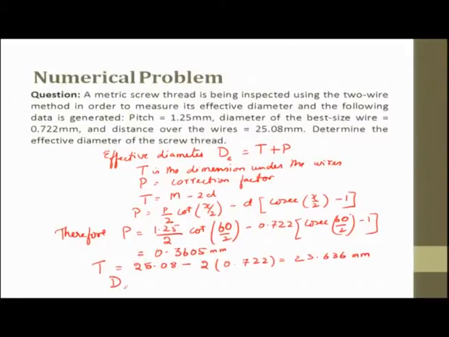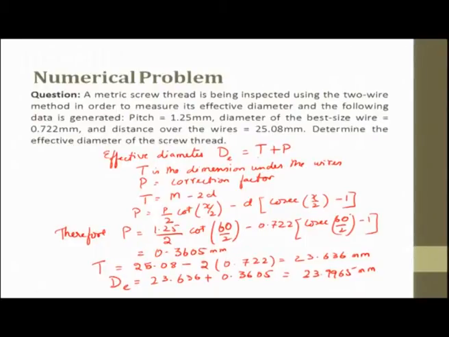Finally, dE is nothing but T, 23.636, plus 0.3605, which is 23.9965 millimeter. In this, we know the effective diameter is the dimension under the wire plus the correction factor.